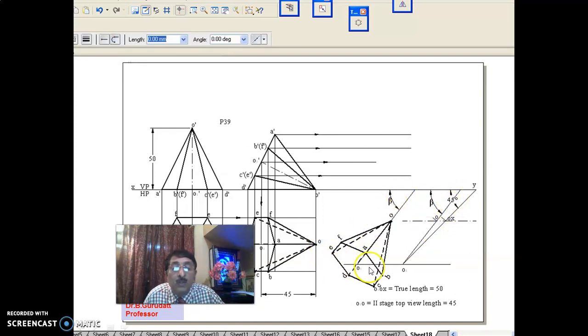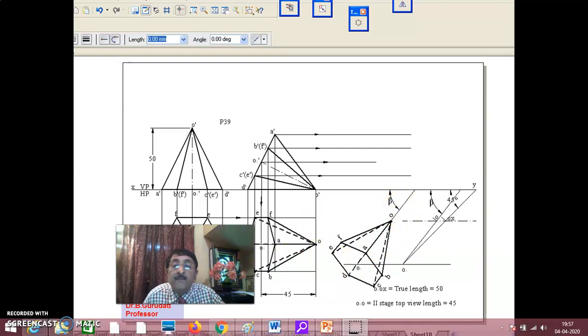That means this O1 O should be inclined at beta to VP or XY line, but not 45 degrees, because they clearly said it is the axis which is inclined at 45 degrees to VP, not the top view of the axis. This you have to take care.